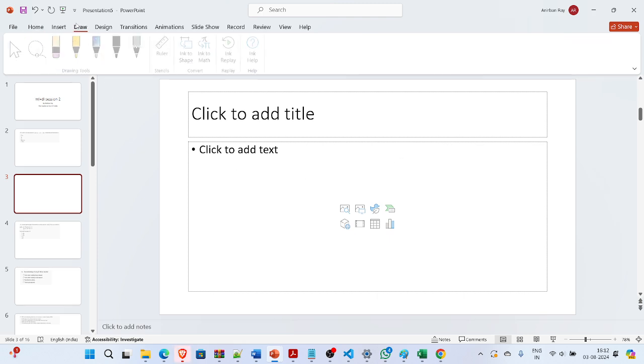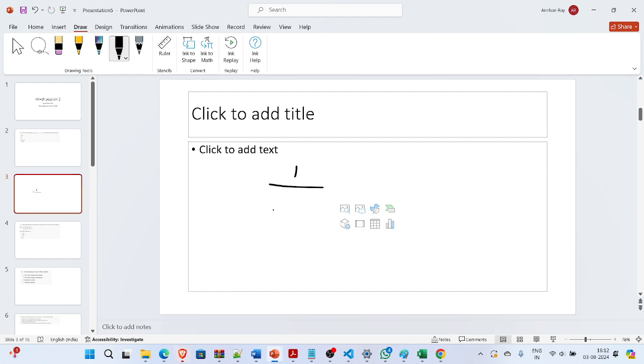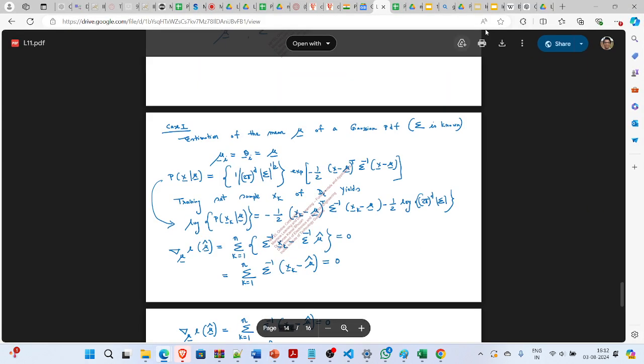Just draw. So it is 1 by under root 2 pi sigma e to the power minus 1 by half sigma square or something like that. Forgot it. Let's see.